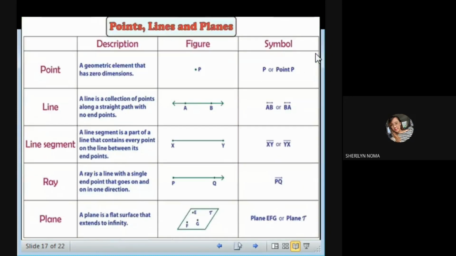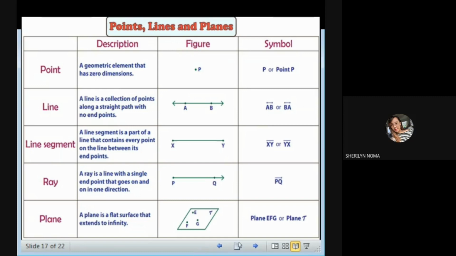Okay, now, this is the summary. For the point, again, a geometric element that has 0 dimensions. For the symbol, it is written in capital letter. For the line, a line is a collection of points along a straight path with no endpoint. It is a series of points.